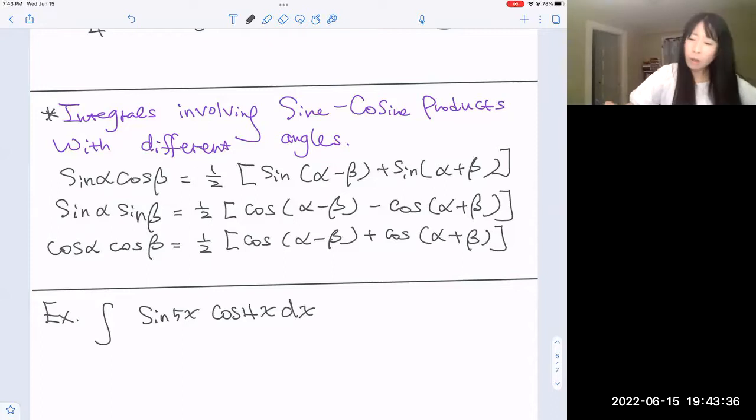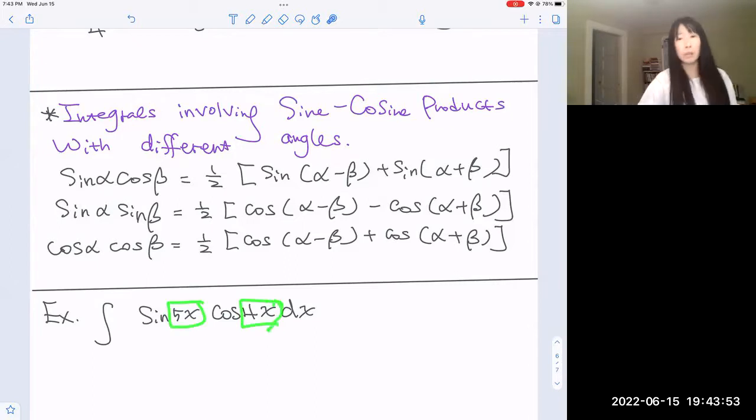Look, if we have the same angle, we can integrate using the earlier approach. Since this is a different angle, a different number here, we cannot use that, so we use this formula for different angles.